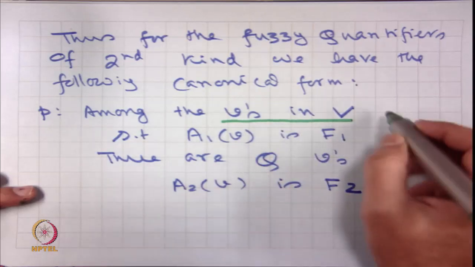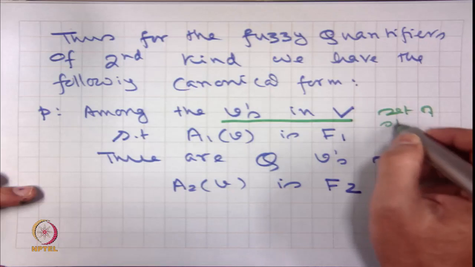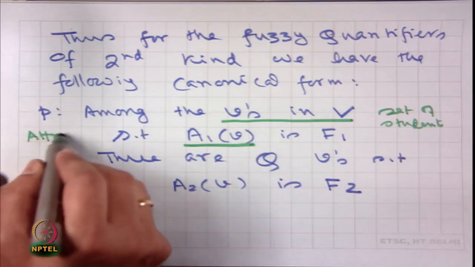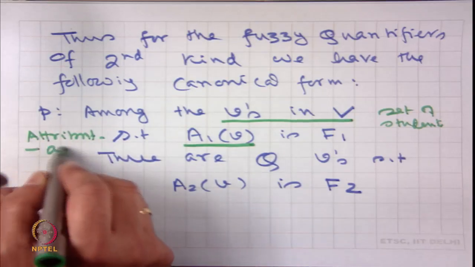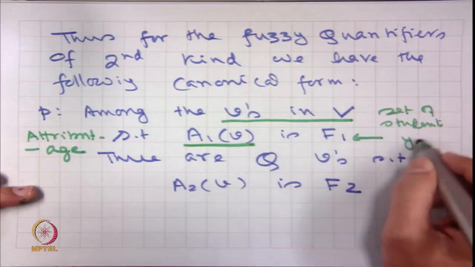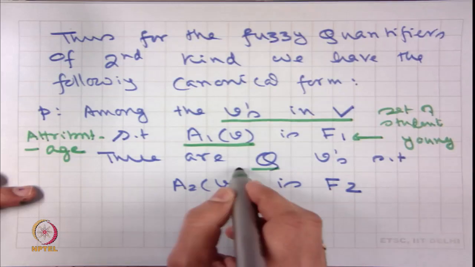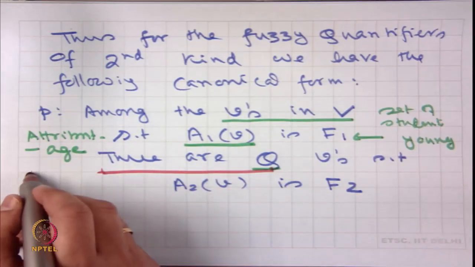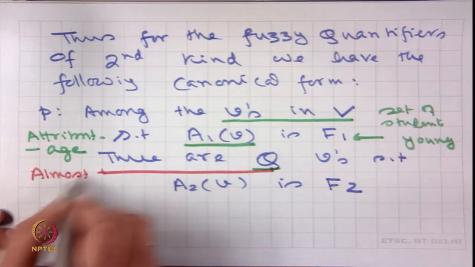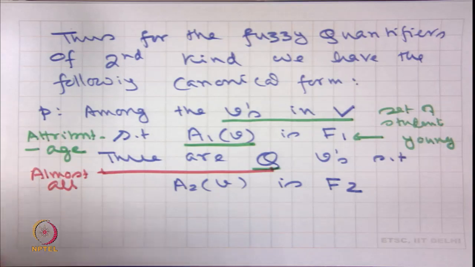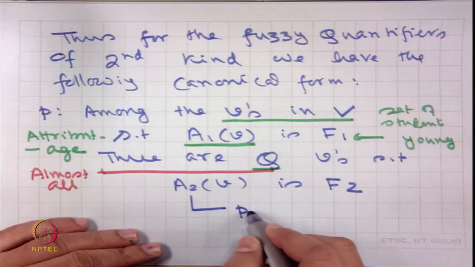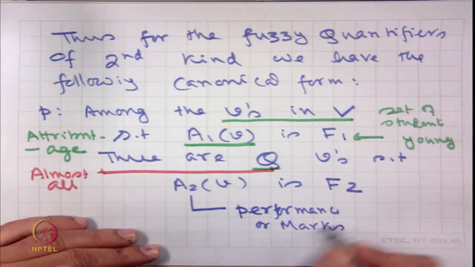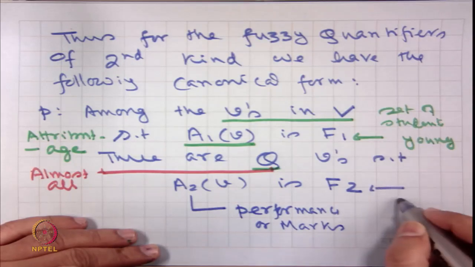This is the set of students, A1V is the attribute age, F1 is the fuzzy set young, Q is the quantifier almost all, and A2V is the attribute performance or marks, and F2 is the fuzzy set good.